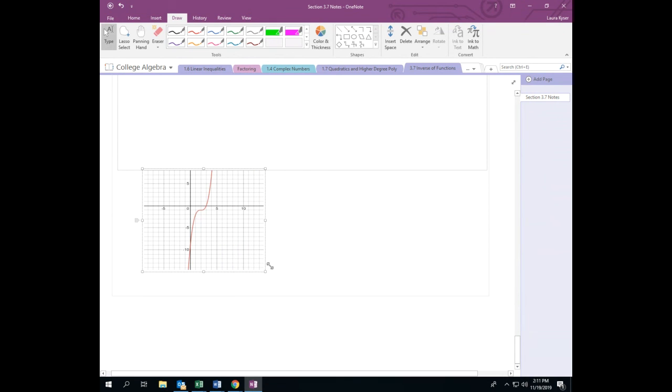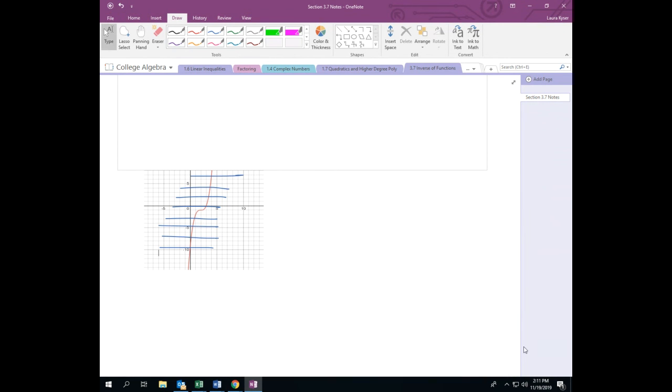Again, this is the one that has the cube in it. And if you take a look at this one, I think it was supposed to have a square in it. But this one, if you look at it, passes the horizontal line test. So this one originally is already one-to-one.